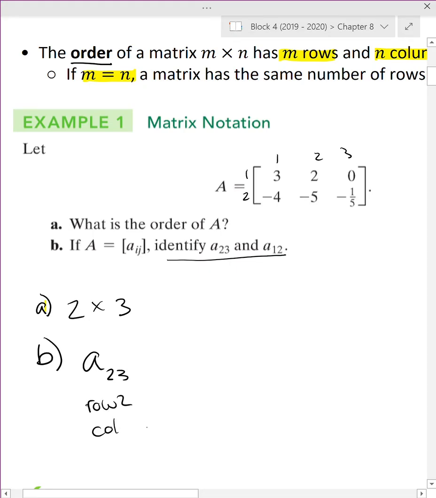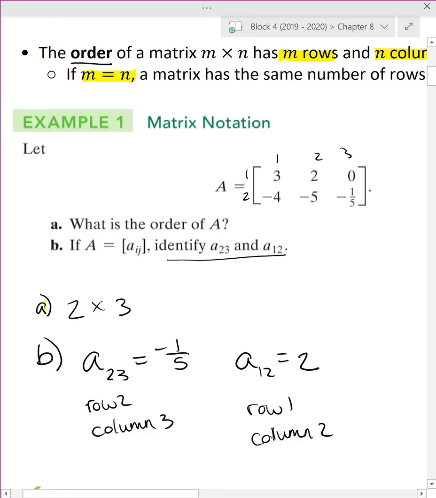If we look at row 2, column 3, I see negative 1/5 is there. Now for A12, meaning row 1, column 2, I have the number 2. So that's how we can figure out different pieces within a matrix, our elements and everything.